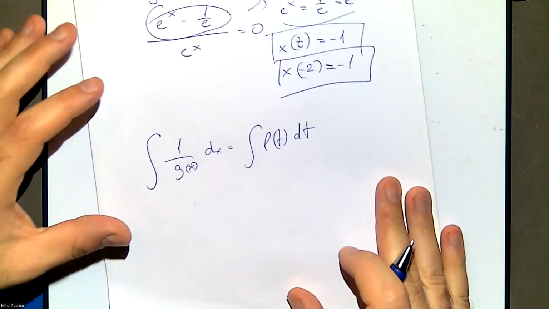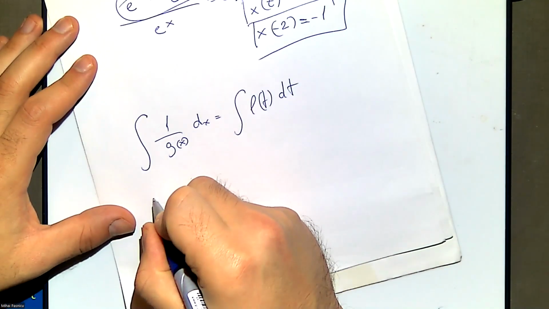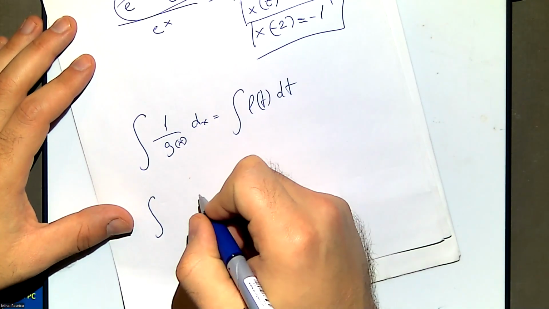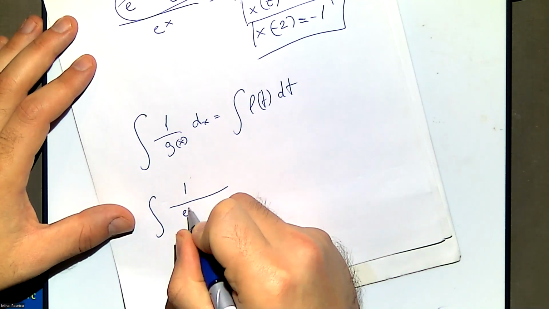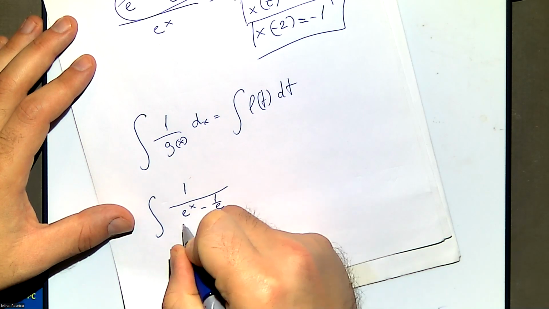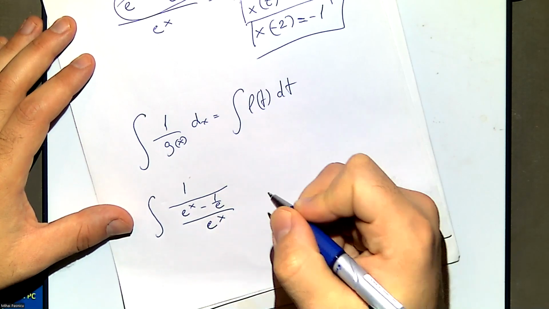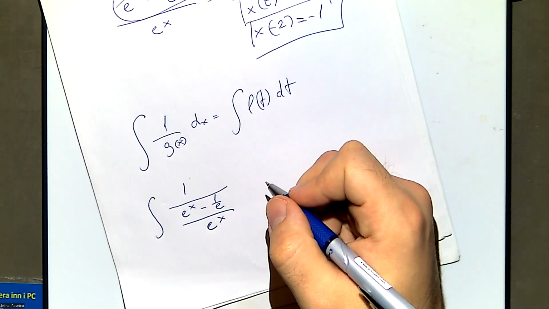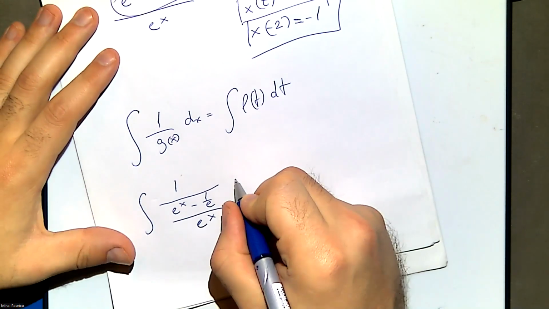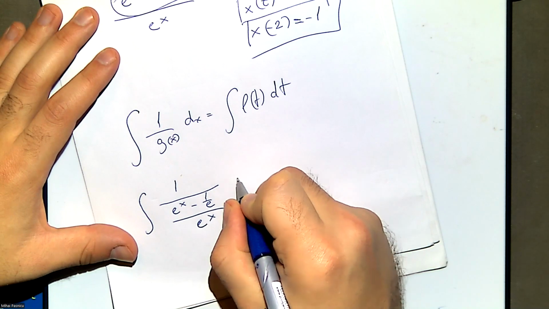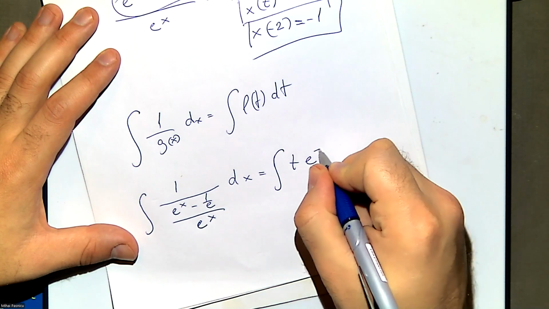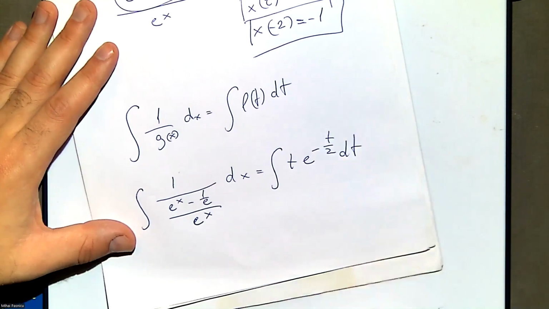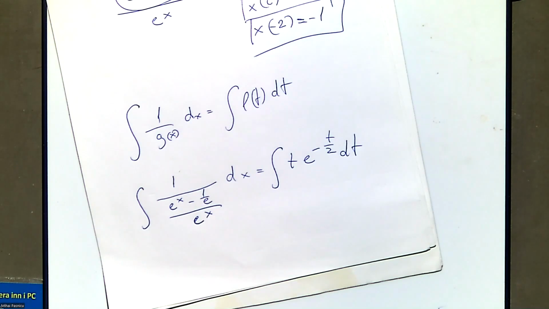Plug in the numbers, and I get, I was expecting it to be nicer, the integral of 1 over e to the x minus 1 over e to the x dx is equal to the integral of t e to the minus t over 2 dt. All right, this step should have been fine for everyone.